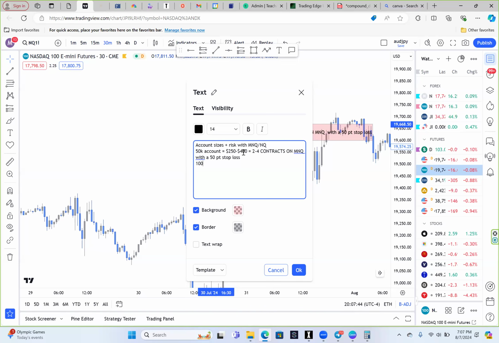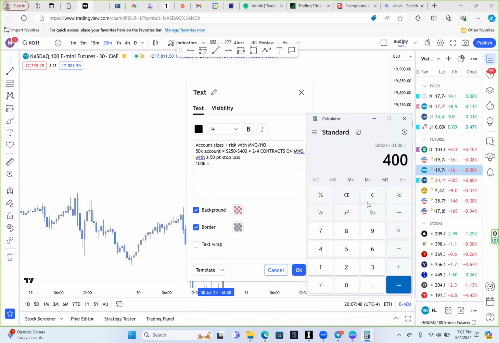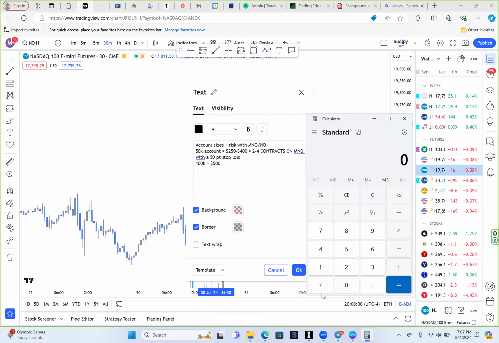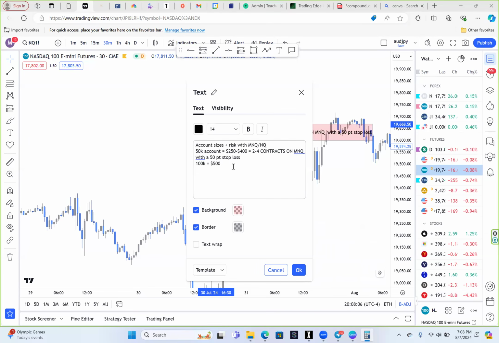Okay, and the same thing for the 100K account. You're gonna do the same thing. So if you use the 100K accounts, you're gonna put in that account balance times 0.5%. So that equals 500. And then you're gonna do the same thing with the 0.8%, which is 800.